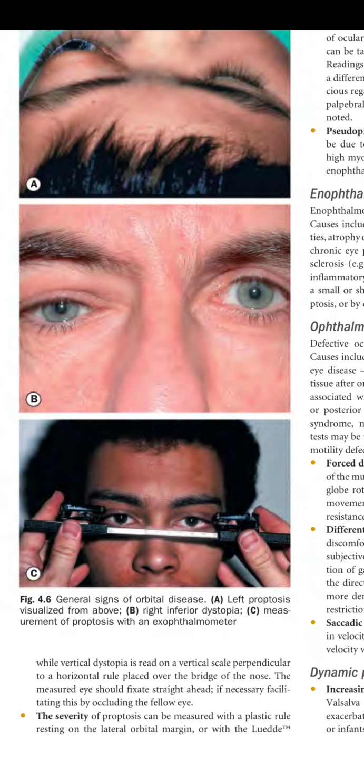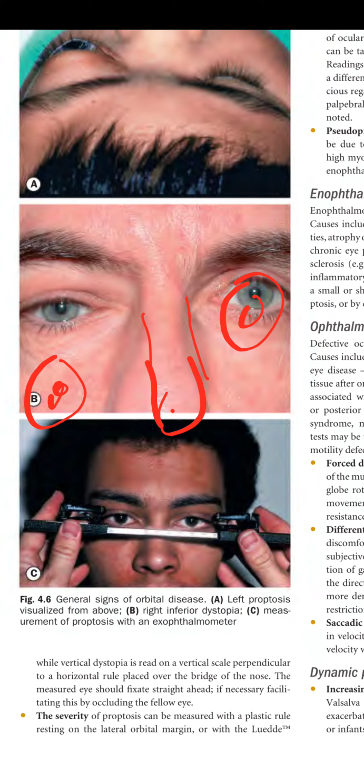So, how to measure such kind of proptosis? For example, this is a patient, and this is the patient's nose, and it has an eye that is deviated slightly outward and downward, whereas this eye is at its normal position. So how will you measure how much displacement it is?